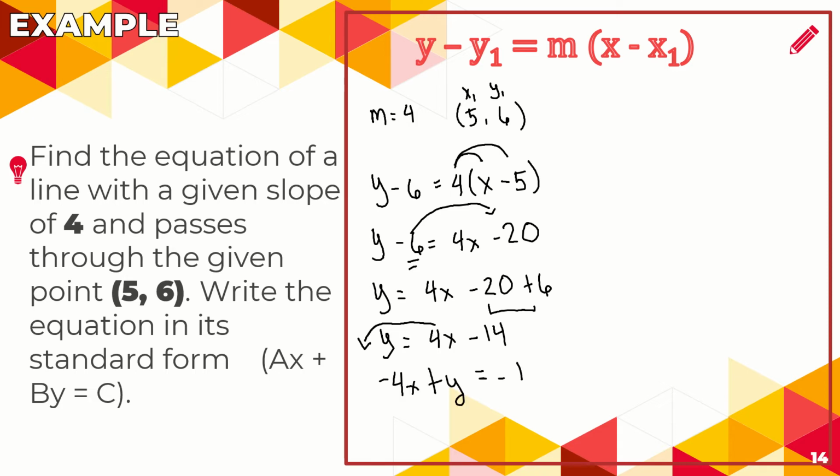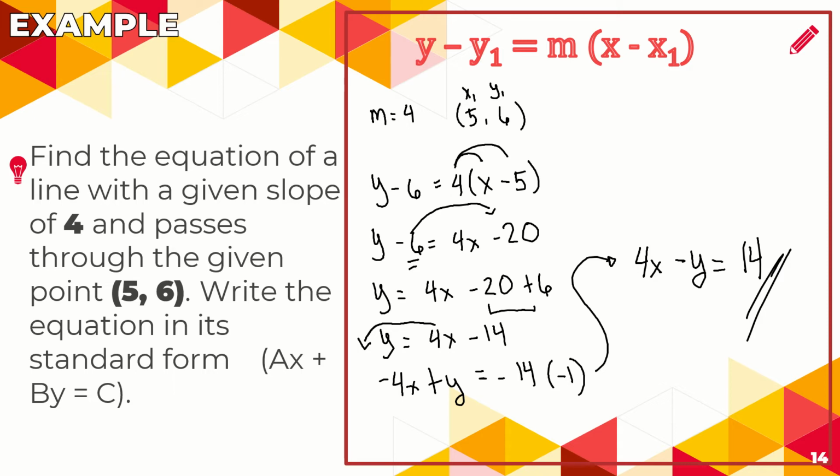From negative 4x, it will become positive 4x. From positive y, it will become negative y, equals, from negative 14 multiplied by negative 1, positive 14. Therefore, if we have a given slope of 4 that passes through (5, 6), the standard equation is 4x minus y equals 14. Is that clear, class?